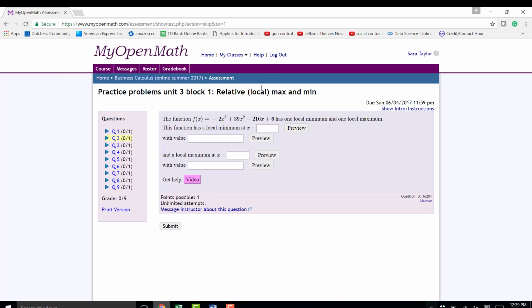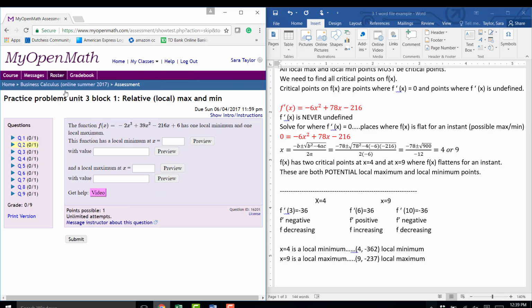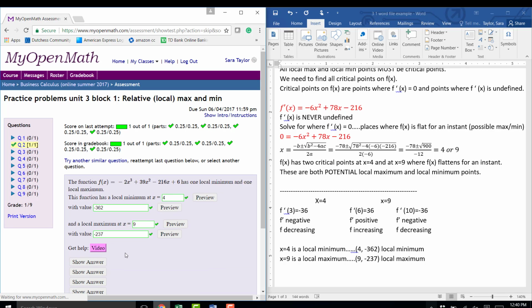So now we can go into our MyOpenMath problem. And it says there's a local minimum when x is 4 with a y value of negative 362. And it says there's a local maximum at x equals 9 with a y value of negative 237. I hit submit, and it says yes. Good, correct, and accurate.